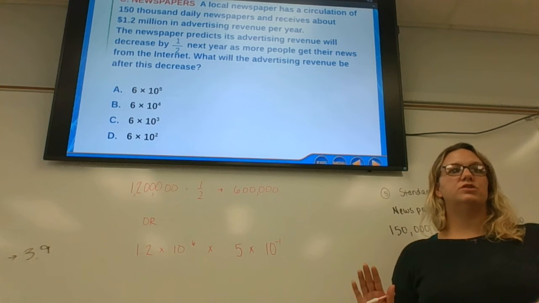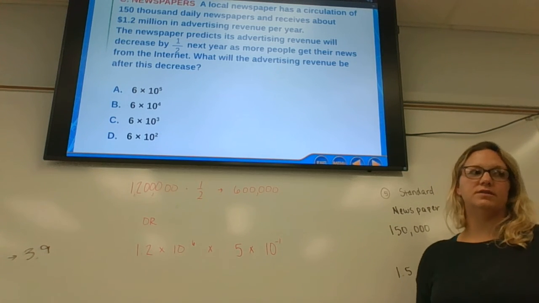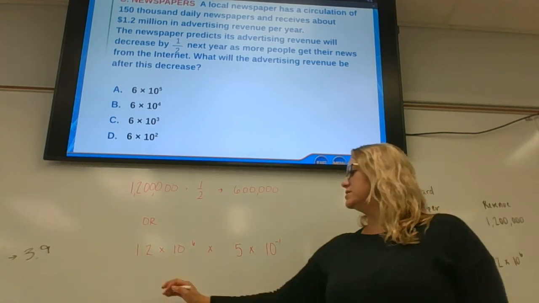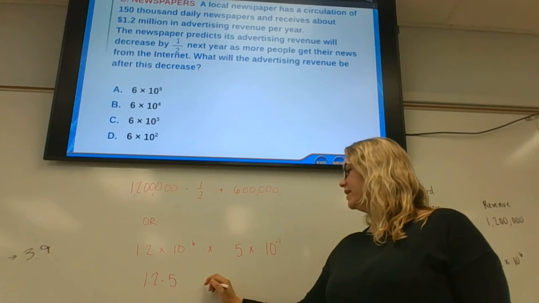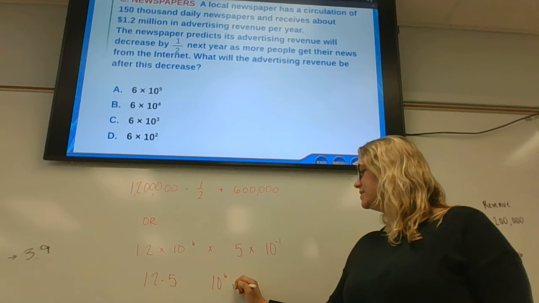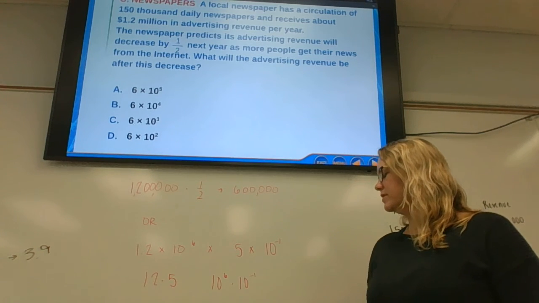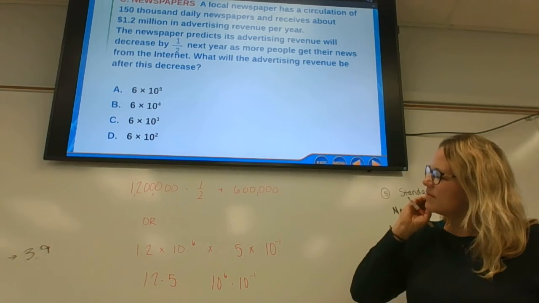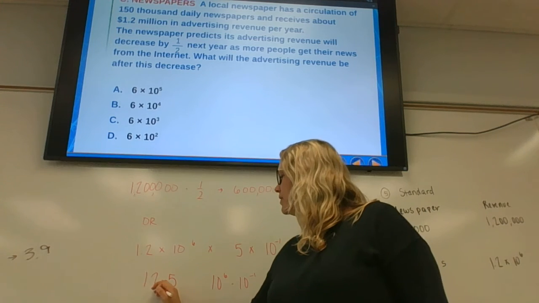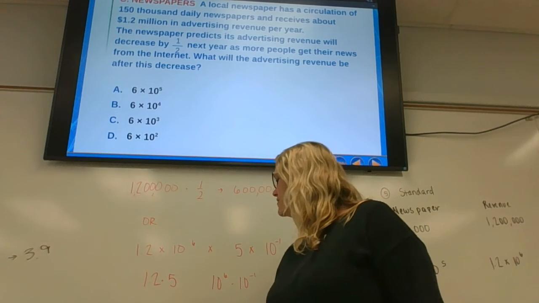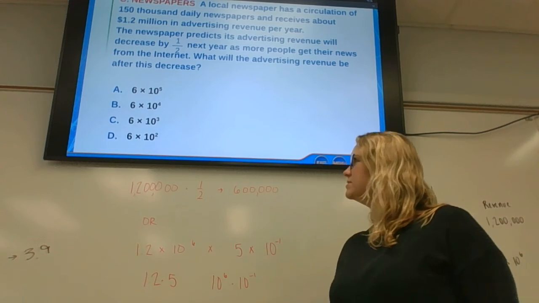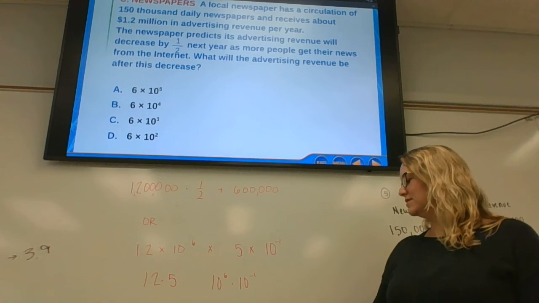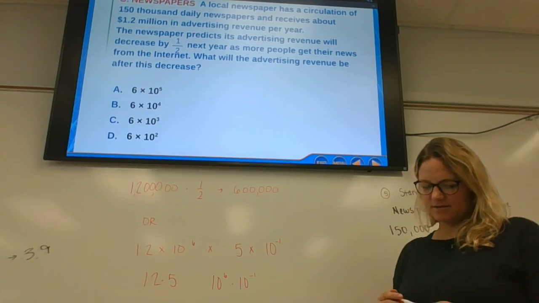So I'm going to want you to show work here using the scientific notation. So now we'll do 1.2 times 5 and 10 to the 6 times 10 to the negative 1. 1.2 times 5 is 6 times 10 to the 5th.